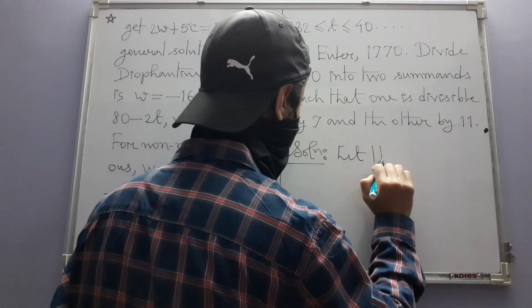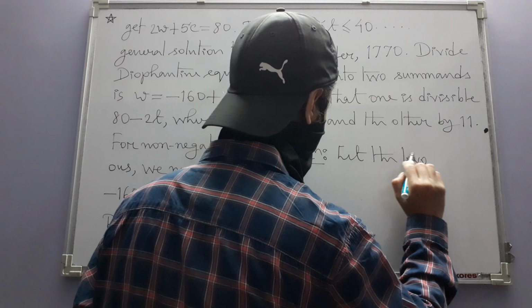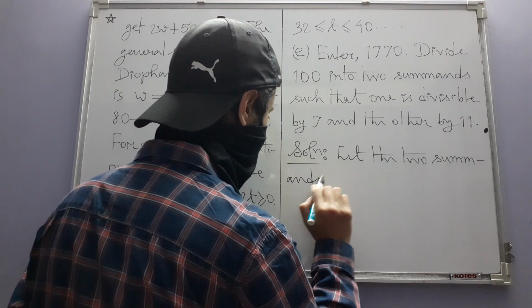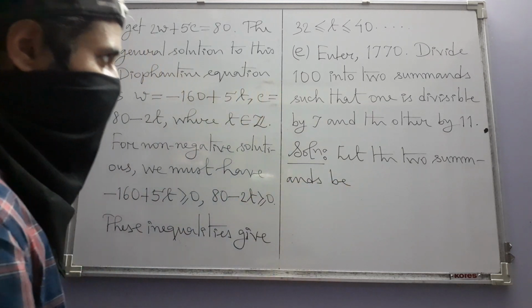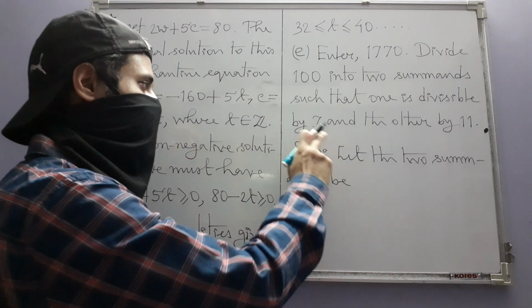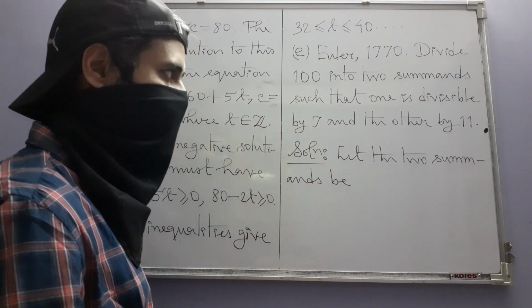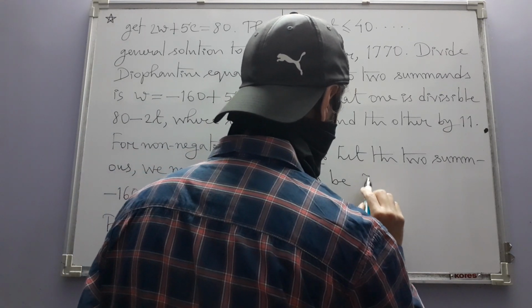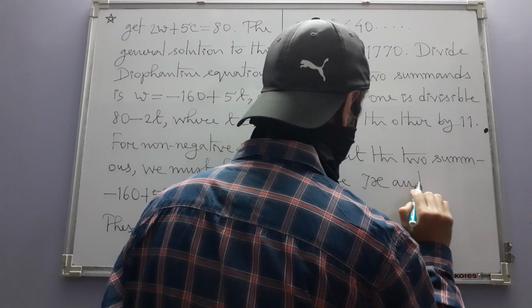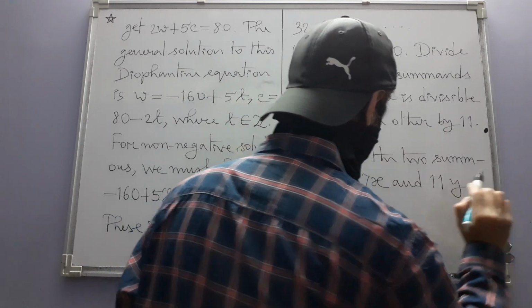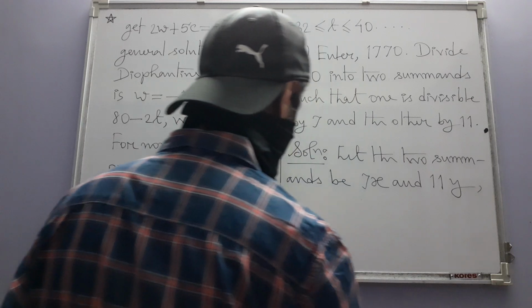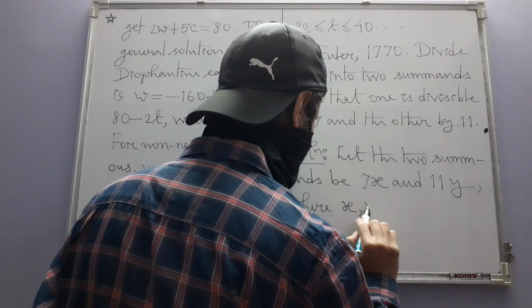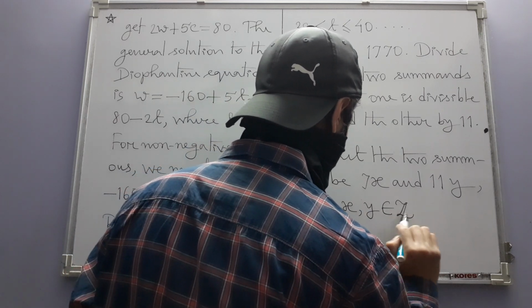Let the two summands be... So you want one of the two summands to be divisible by 7. So that means it's a multiple of 7 and the other one is a multiple of 11. So we can take like this, where x and y are integers.